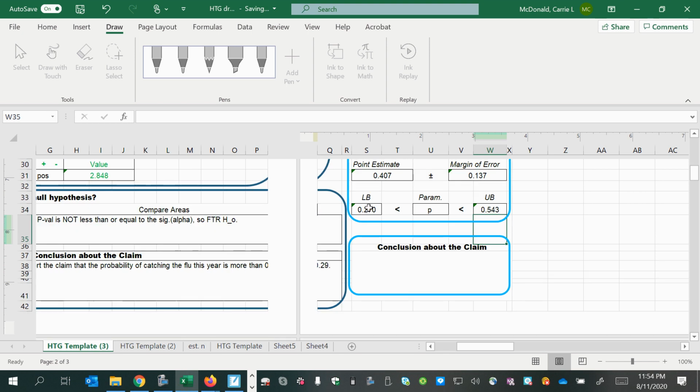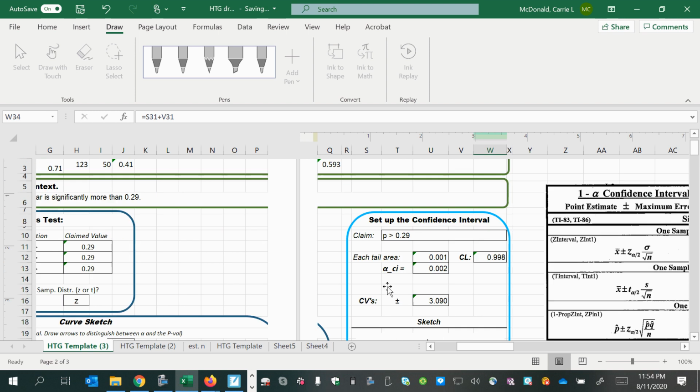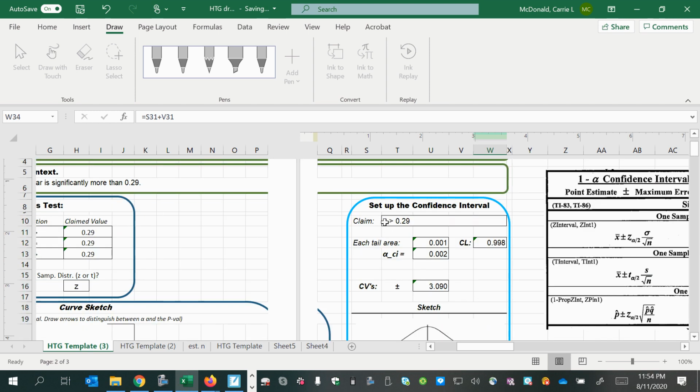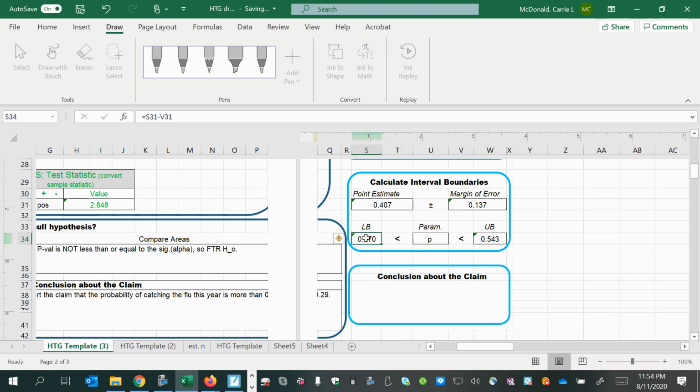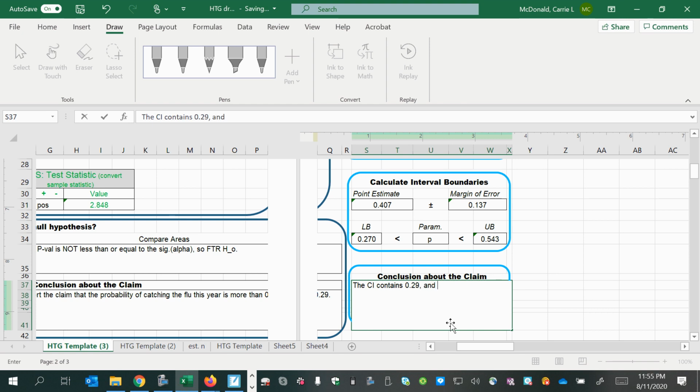And now I have my confidence interval. I was looking to see if my population proportion was greater than 0.29. And notice that this confidence interval is not entirely greater than 0.29. So what we will say is that the confidence interval contains 0.29, and that's one way of saying it.